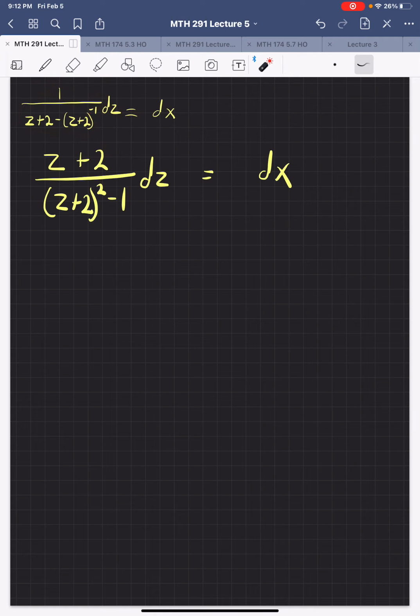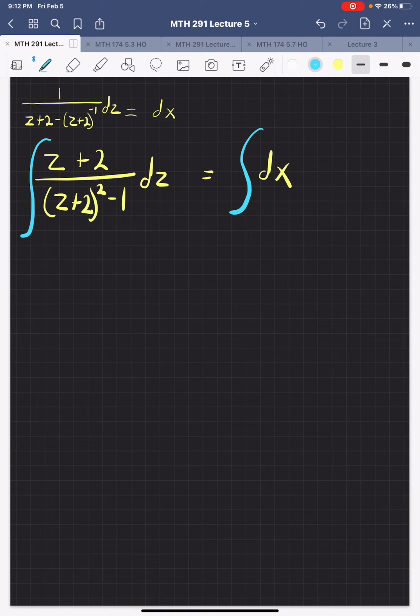It's a bunch of little algebra, fractions, common denominators, all that stuff. But this is just a lot nicer to integrate. So z plus 2 over z plus 2 squared minus 1. All right, we integrate. This is just a lot easier to integrate.